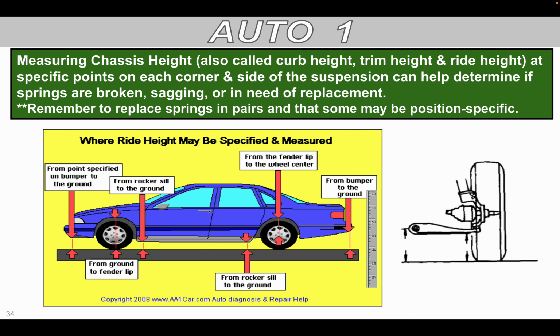You literally get a tape measure out and measure from a particular spot. In this case, it would probably be from the bottom of the lower control arm to the ground, or it might be the middle of the bolt that's bolting the lower control arm onto the frame through that bushing. And again, there are specifications and tolerances that it has to meet.